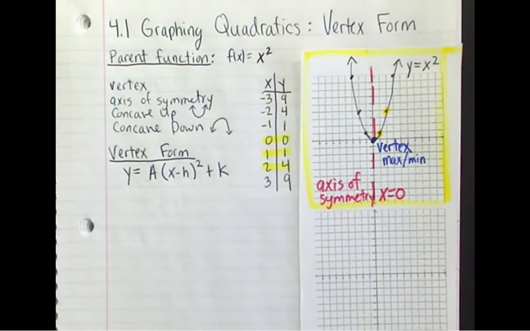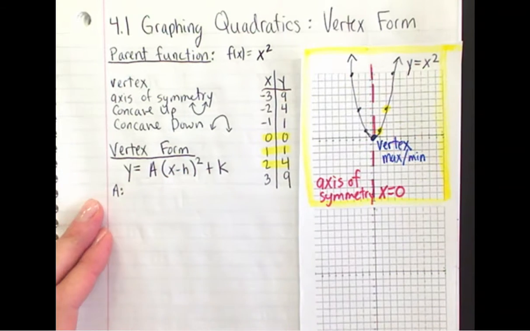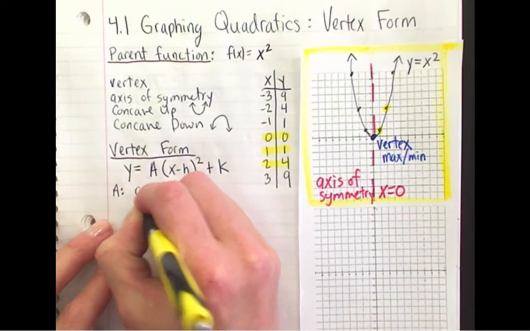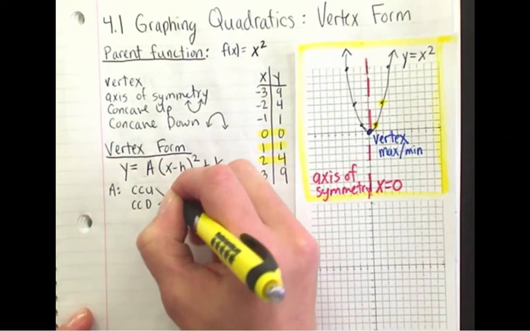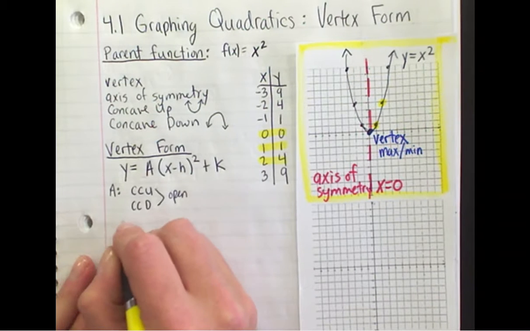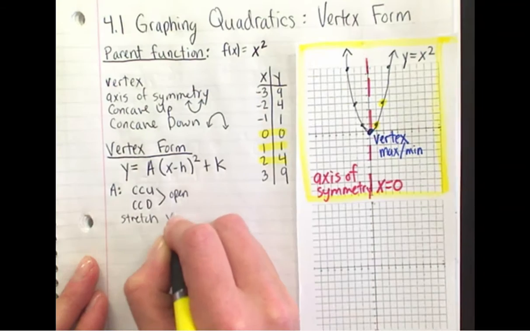Okay, here we go. Let's make a note. A affects what? I'm going to say concave up, concave down. It's an abbreviation. That would be the opening. Open up or open down. Stretch Y value.